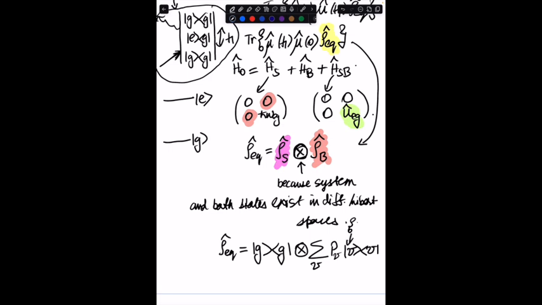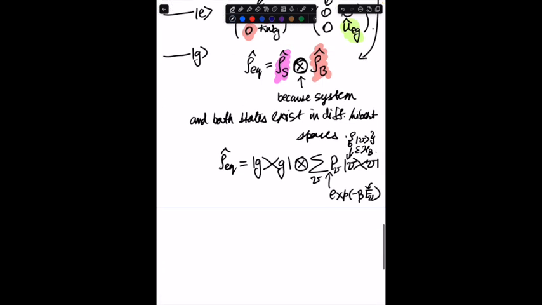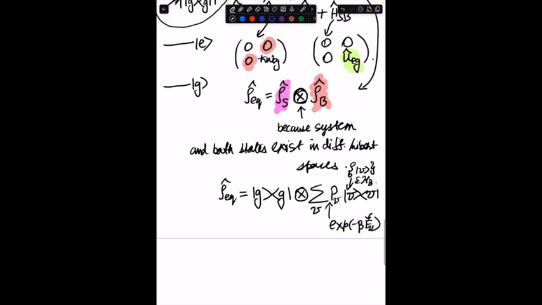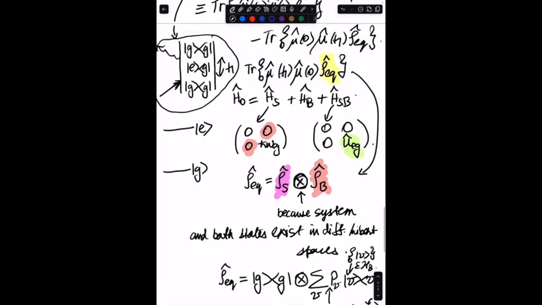So these states nu belong to, let me call it H_B, which is the bath Hilbert space. And the probability of being in some state nu is given by a Boltzmann factor, exponential minus beta E nu, where E nu is the energy of that specific bath state, right? So this is your equilibrium density operator.